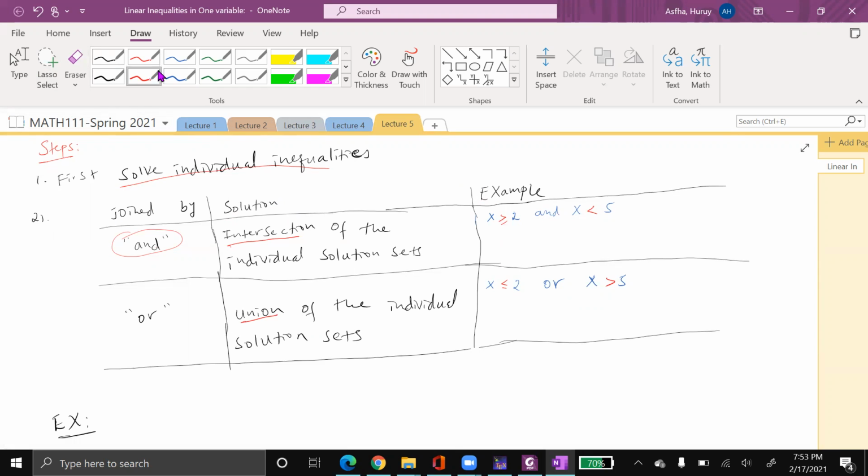So if we use a number line for this one, what do we have? 0, 4, 5, this is 5. Here x is greater than or equal to 2, 2 is here.